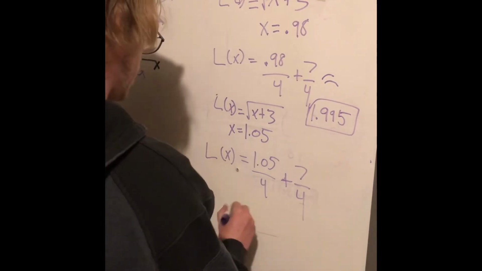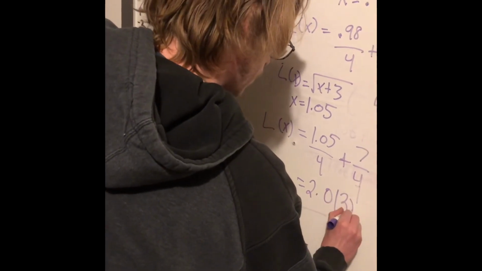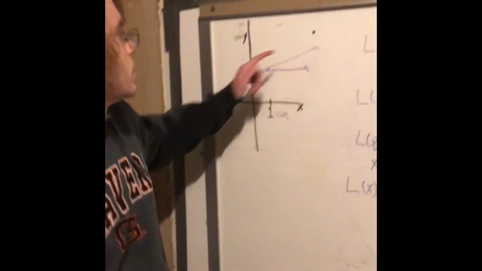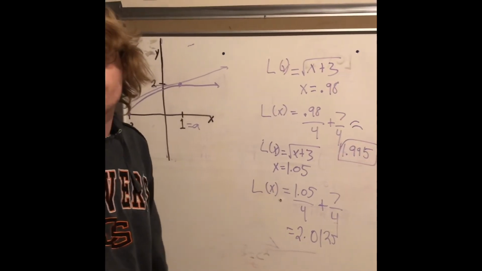And again, I'm going to check my notes just to figure out what that is. 2.0125. So again, by being able to figure out the slope of this tangent line, we could approximate a value for those on the curve. And that's that.